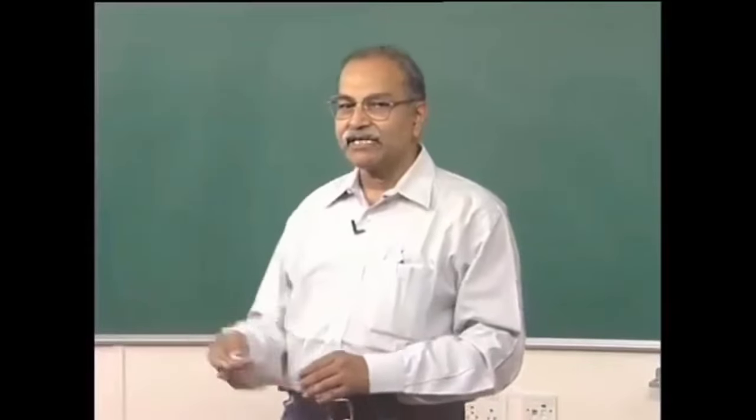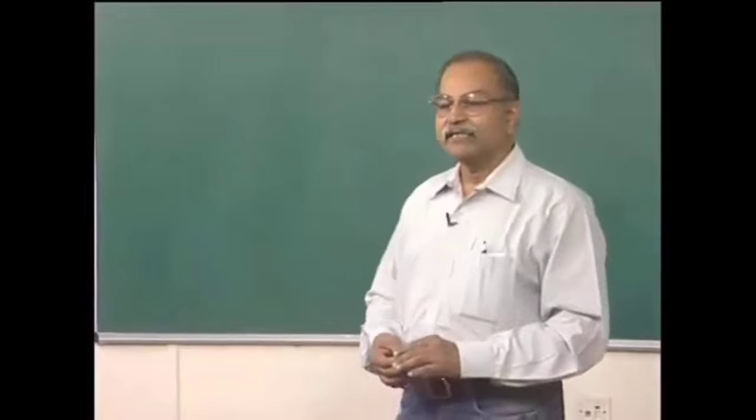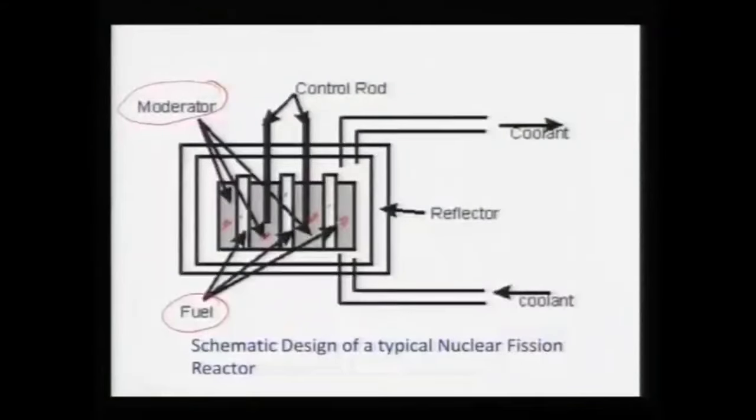Now, in the diagram, once again look at your screen, that reactor design. The other thing you can see here are these control rods. We will talk about that a little later, why these control rods are there, but these are rods of materials like cadmium which absorb neutrons with high probability.